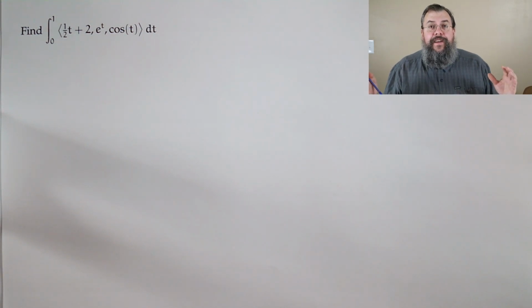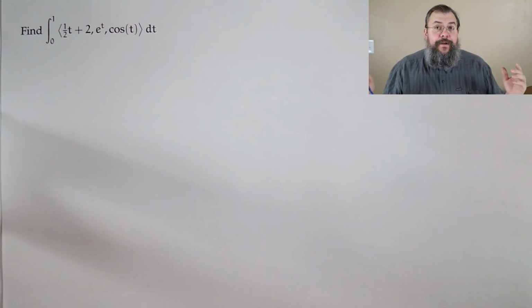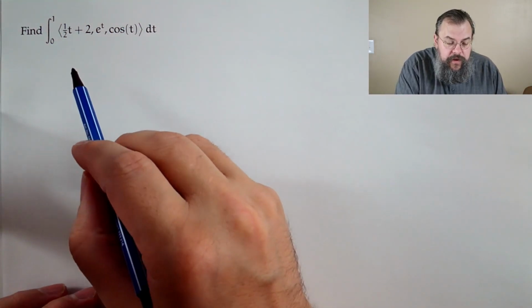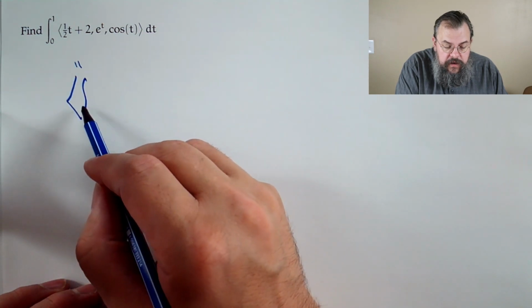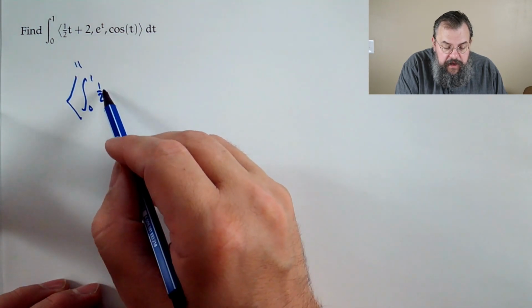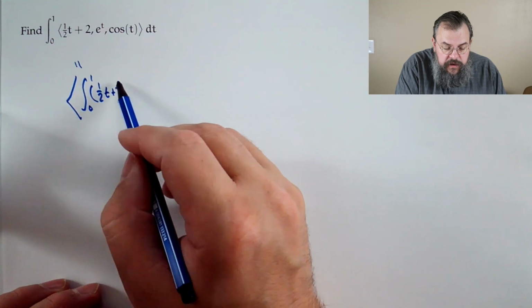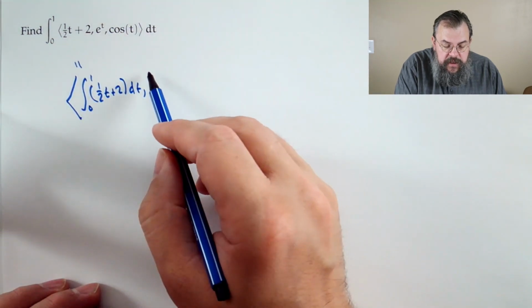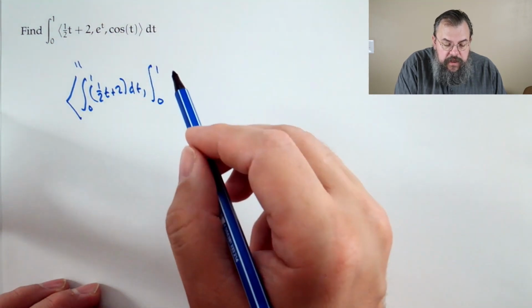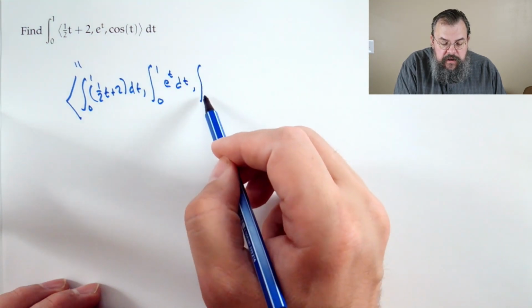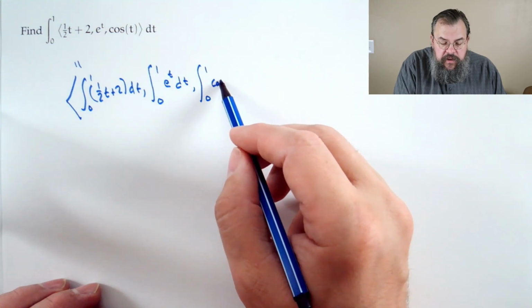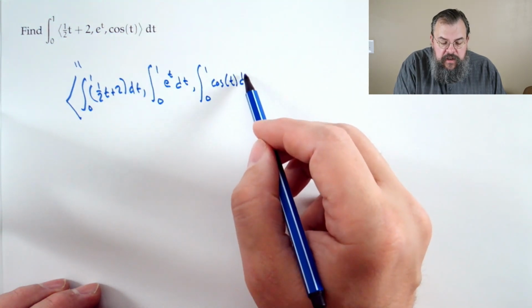So it's the same ideas that we had in Calc 1. We just do it 3 times, once for each entry. So for instance here, we can say, look, this is really the integral from 0 to 1 of (1/2)t plus 2 dt, comma, integral 0 to 1 of e to the t dt, comma, integral 0 to 1 of cosine of t dt.